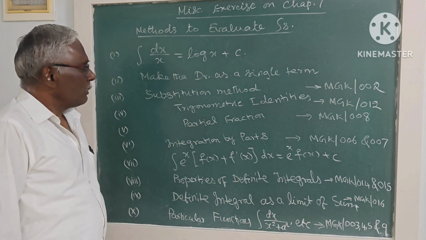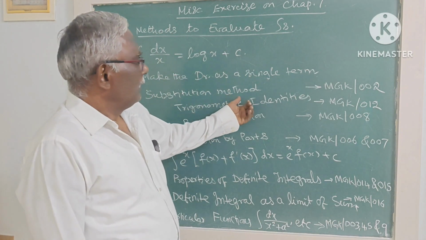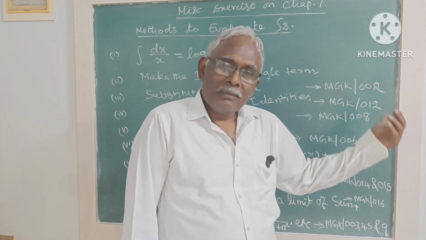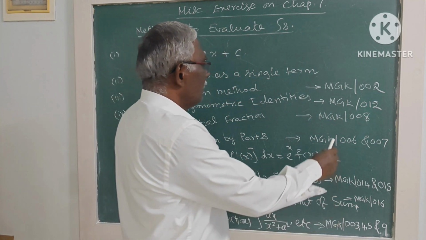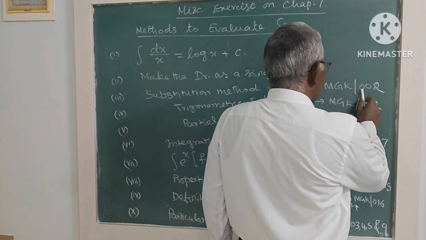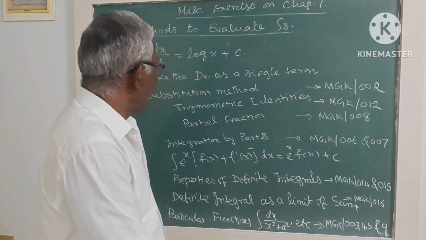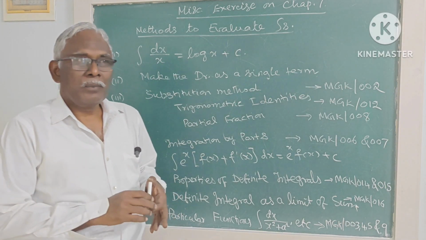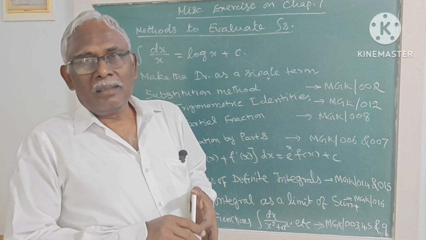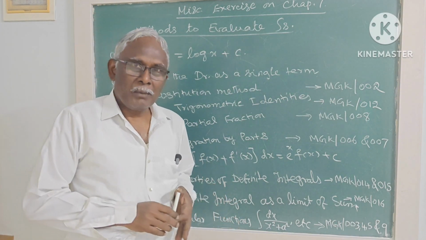Then substitution method, in almost all problems we'll be using this method. That we have done in MGK 002. Then we can use the trigonometric identities and simplify, and that will reduce to the standard form.